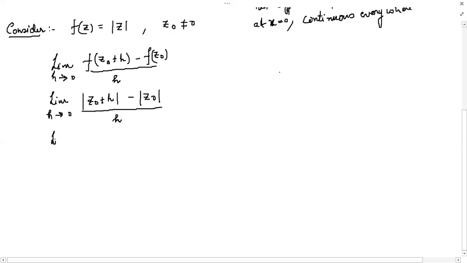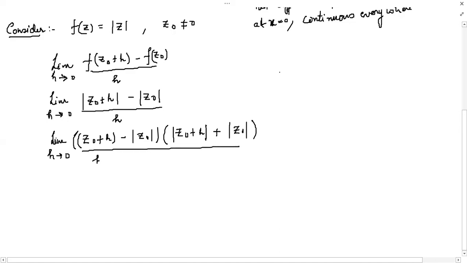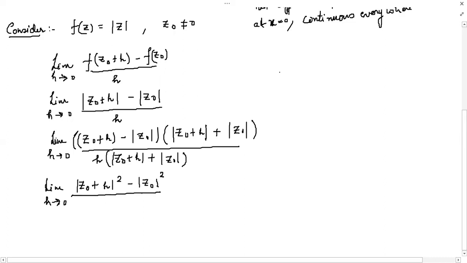So what I'll do, I'll multiply this by modulus of z naught plus h plus modulus of z naught, divided by modulus of z naught plus h plus modulus of z naught. Now the numerator would be simply modulus of z naught plus h whole square minus modulus of z naught square, divided by h into modulus of z naught plus h plus modulus of z naught.